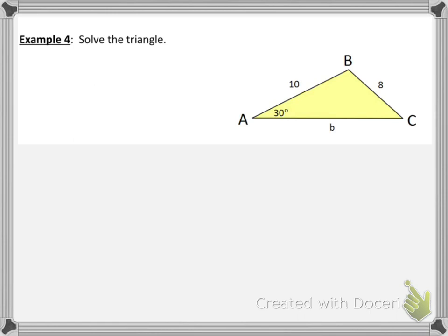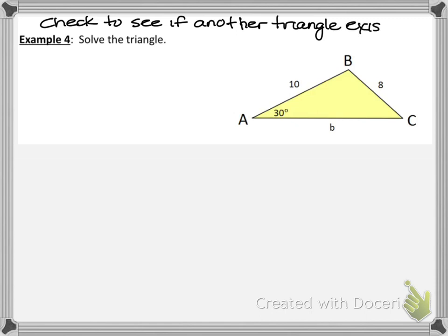What you're going to do is check to see if another triangle exists. So start the problem all over again, just like you did earlier.